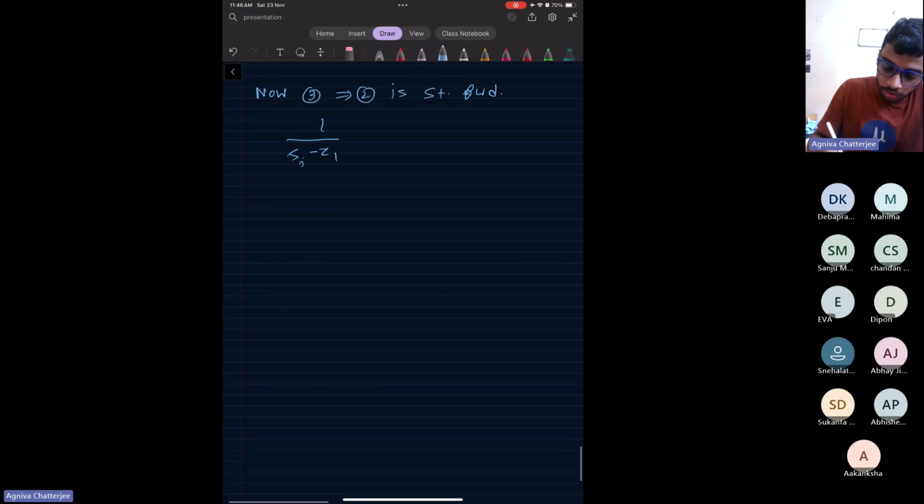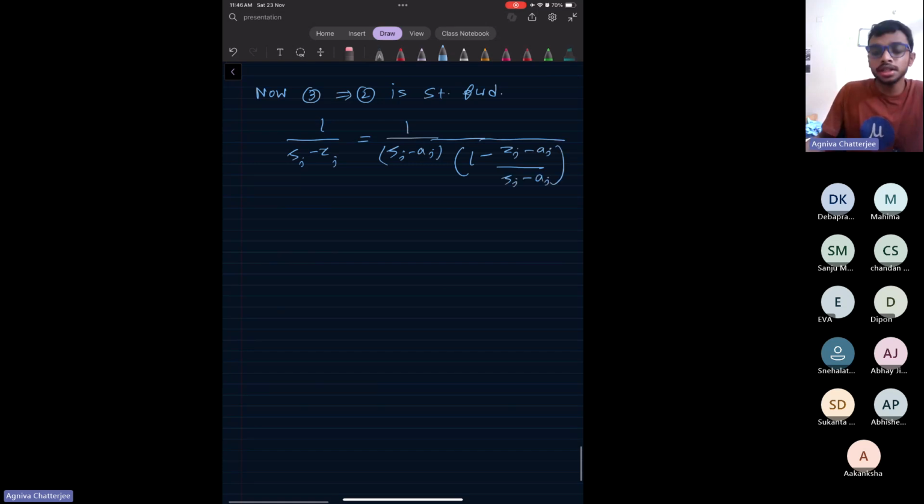You can just write them as follows, with a basic calculation: 1/(ζj − aj) times 1/(1 − (zj − aj)/(ζj − aj)). Because |zj − aj|/|ζj − aj| is less than 1, you just break this quantity into a power series, and complete the proof.